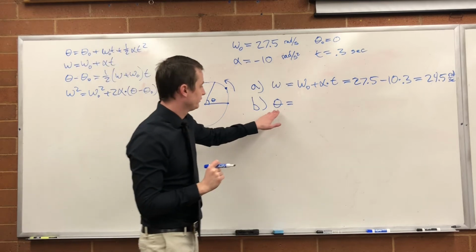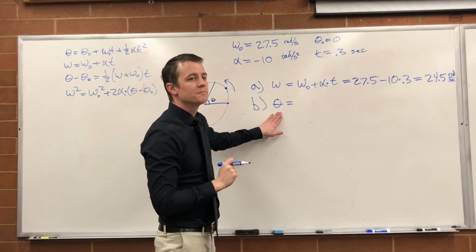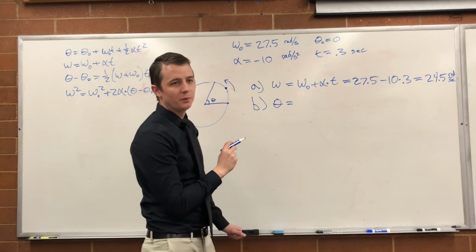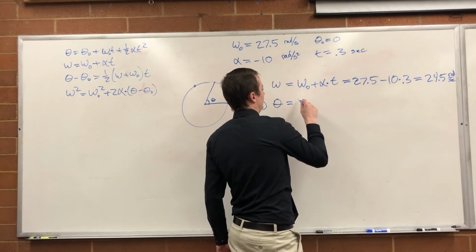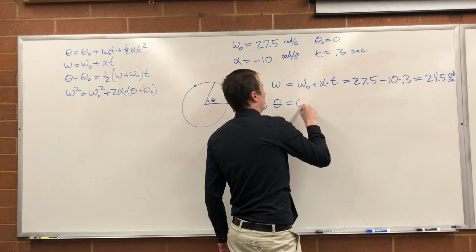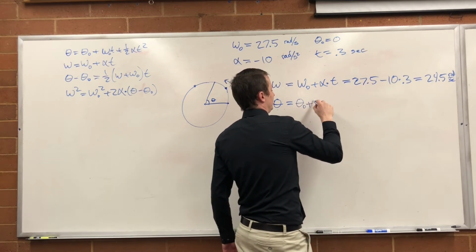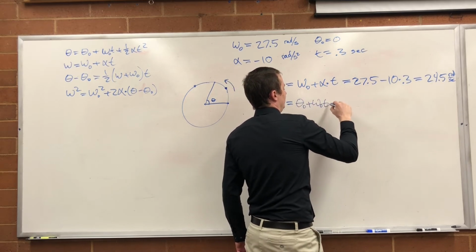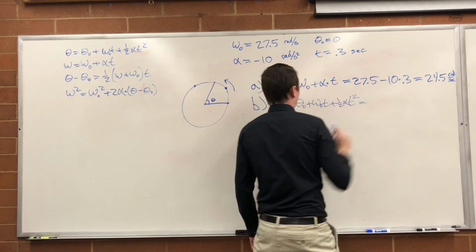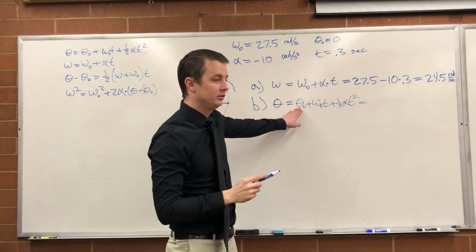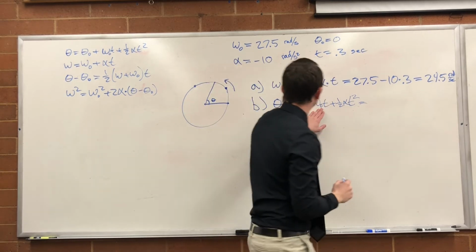Okay, so now we're looking for theta. What's our equation for theta? Theta is equal to theta naught plus omega naught t plus 1/2 alpha t squared. What's theta naught? 0. So don't bother with that term.